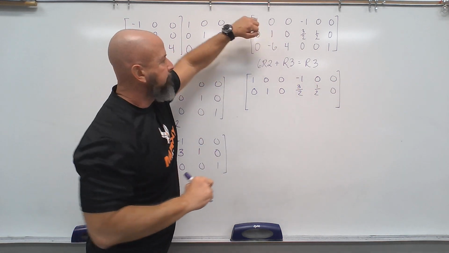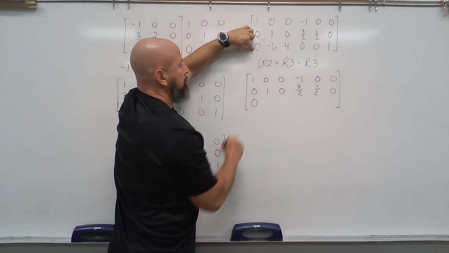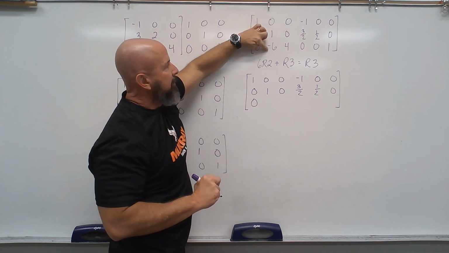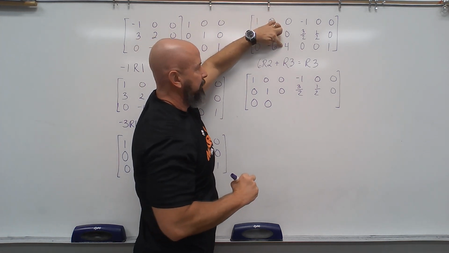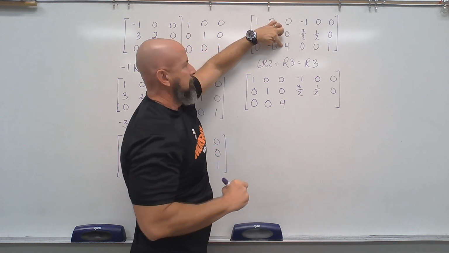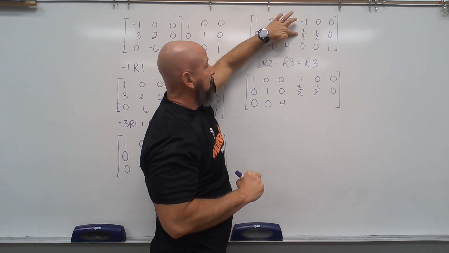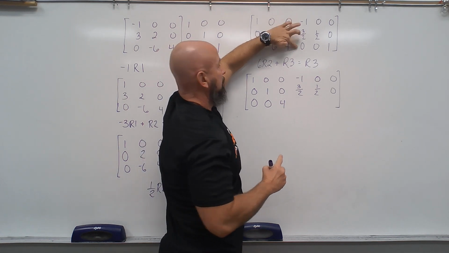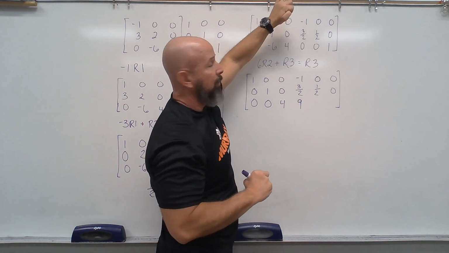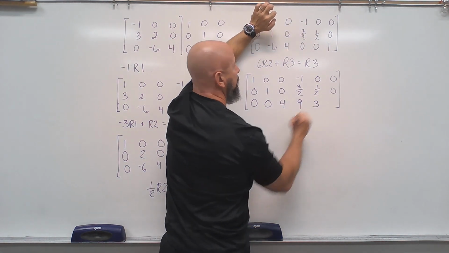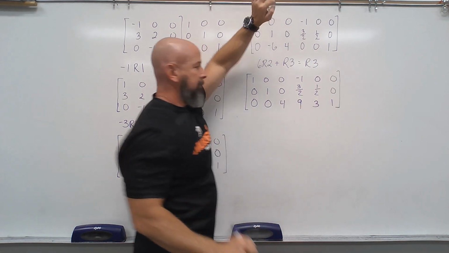Now I'll go through this operation. 6 times 0 plus 0, 0. 6 times 1 plus negative 6, 0. 6 times 0 plus 4, 4. 6 times 3 halves would be 9 plus 0, 9. 6 times 1 half would be 3 plus 0, 3. And 6 times 0 plus 1 is 1.